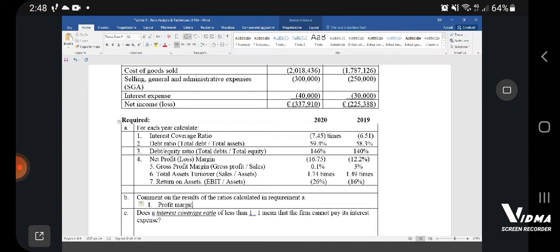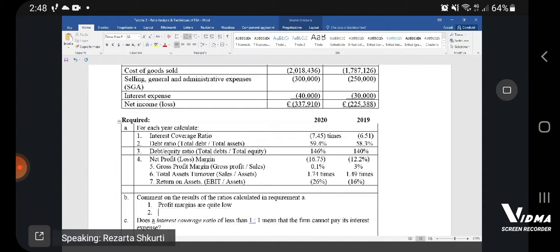First thing, profit margins are quite low. So this is something not to be happy about. Profit margins of the company are really very low.